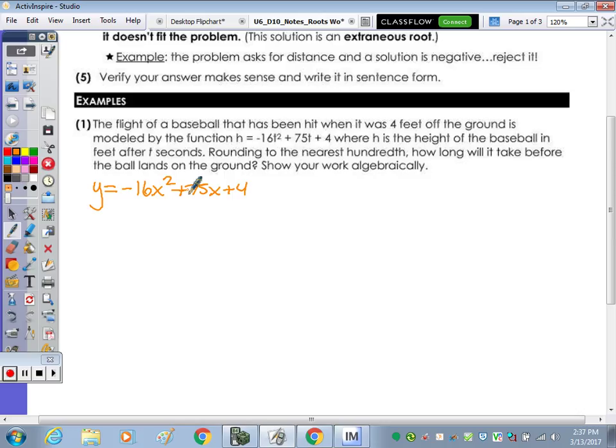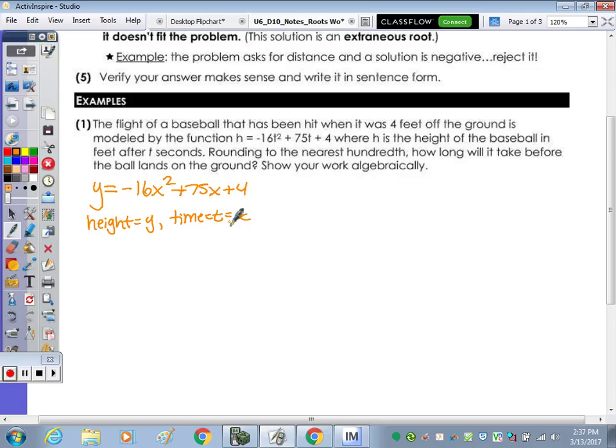So your height, the h, is y, where h is the height of the baseball in feet after t seconds. Time is t, which is your x.